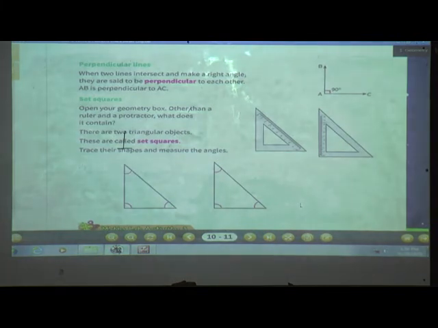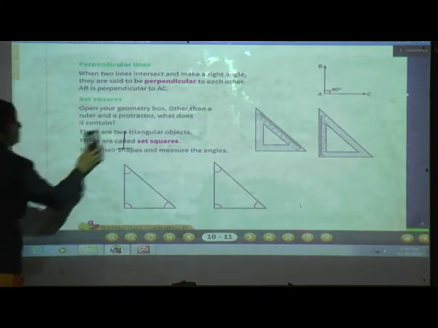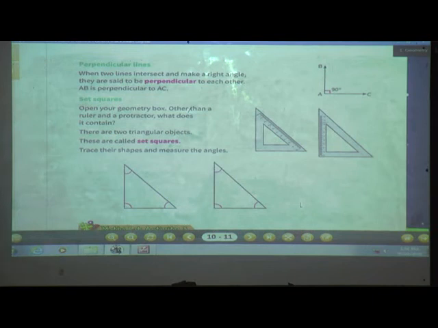set squares. You all have your geometrical box. Now open your geometrical box. Other than a ruler and protractor, what does it contain? Yes, there are two triangular shaped objects, like this.